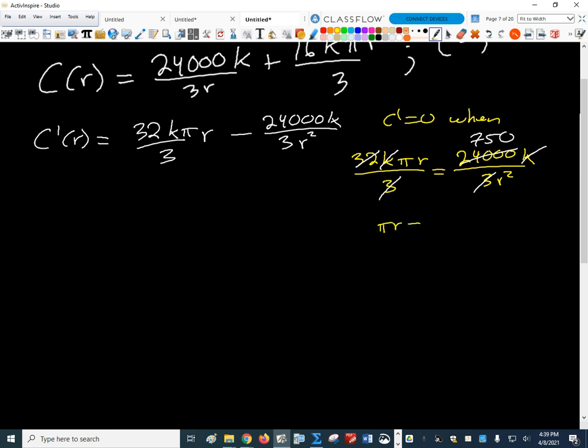Pi r equals 750 over r squared. So we could cross multiply here and we end up with pi r squared equals 7, or pi r cubed equals 750. So r cubed equals 750 over pi. So r equals the cube root of 750 over pi. So what is that? We'll find out.